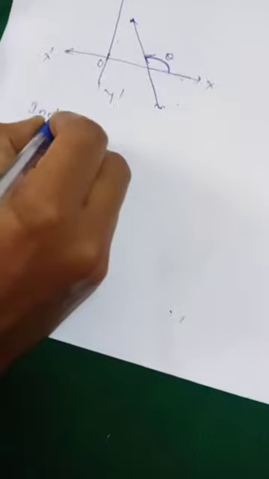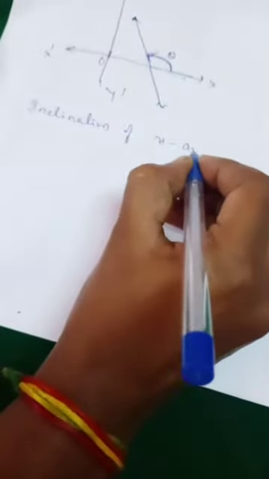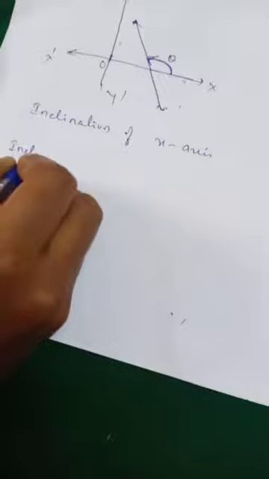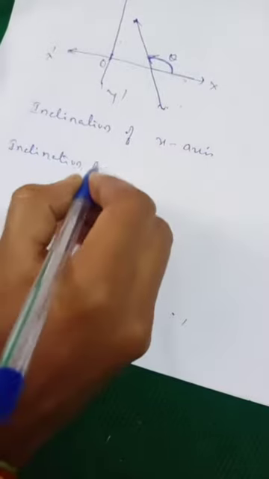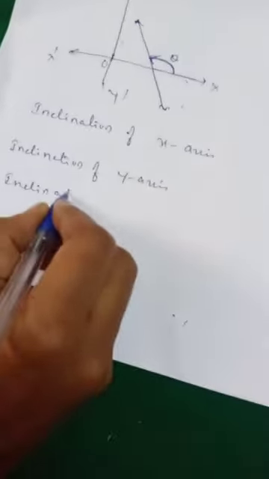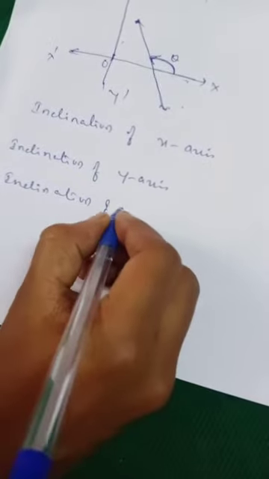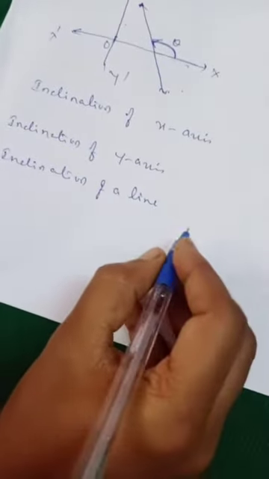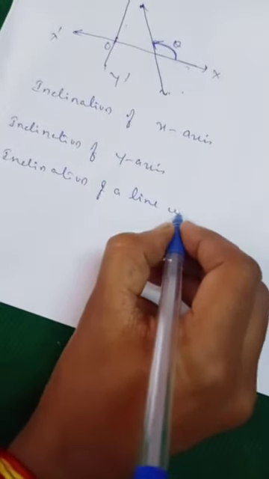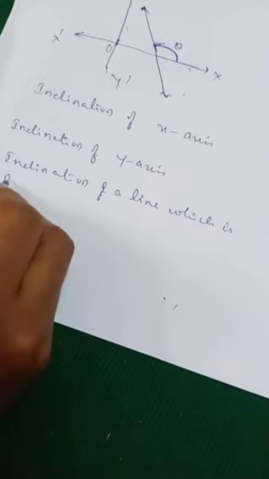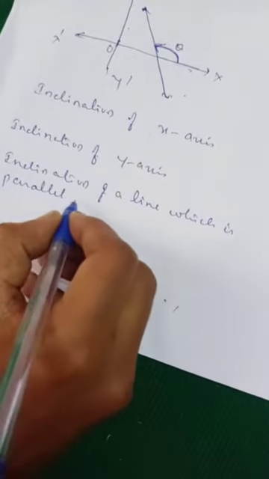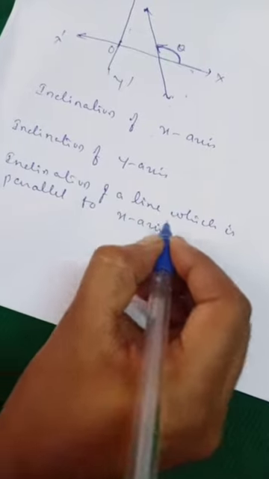First we'll see there are 4 points. Inclination of x-axis, inclination of y-axis, inclination of a line which is parallel to x-axis.